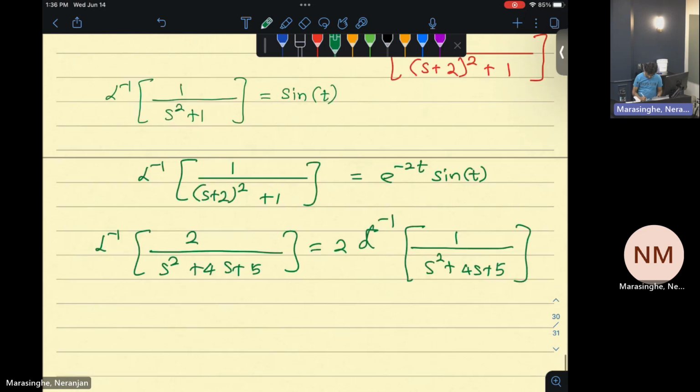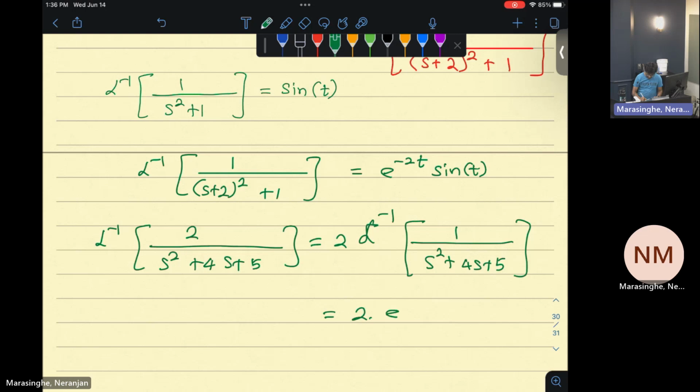I found the value that is equal to 2 times e to the minus 2t times sine t, and I am writing u(t) also because this is valid when t is positive. Any questions?